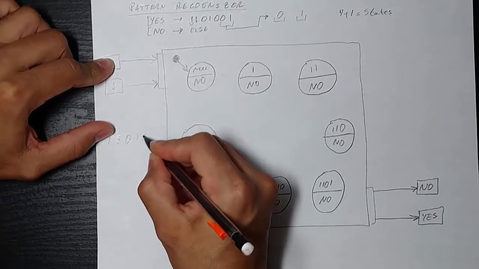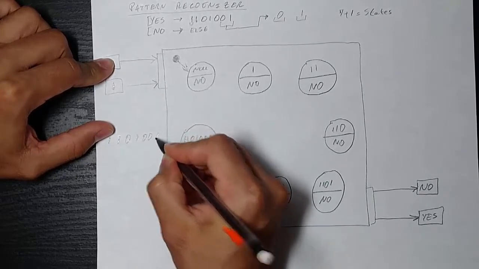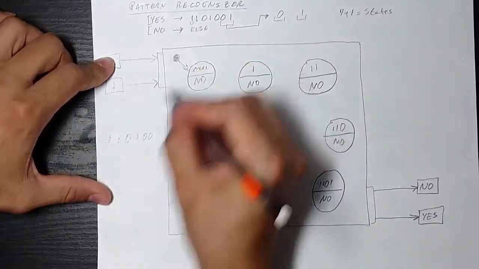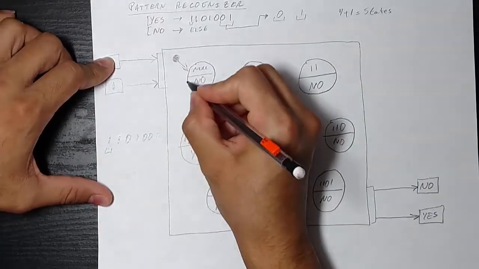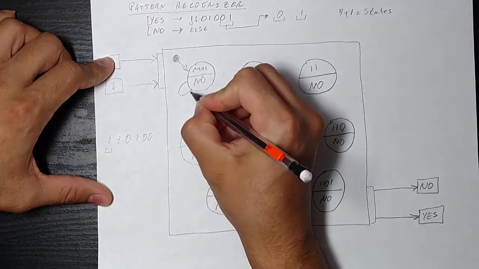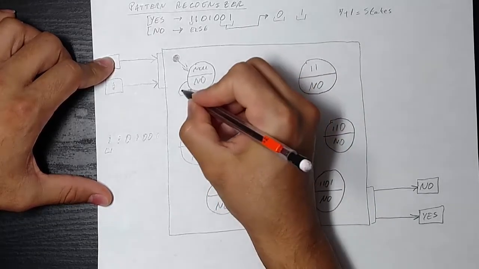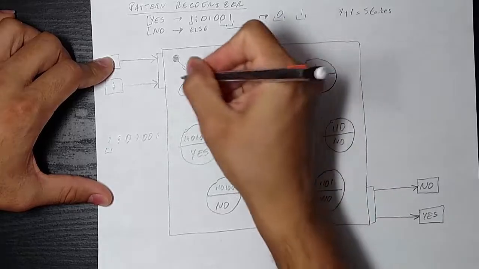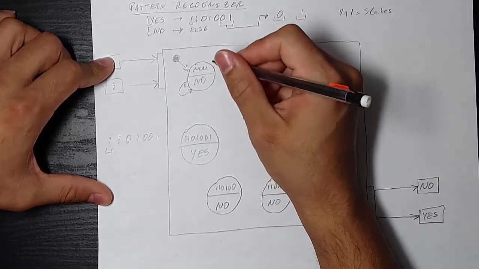So since I didn't get a 1, every single time I get a 0 and I'm here, I'm just going to loop in the same state.